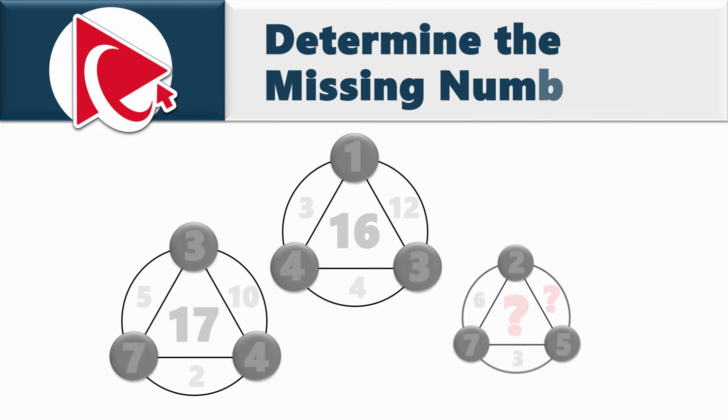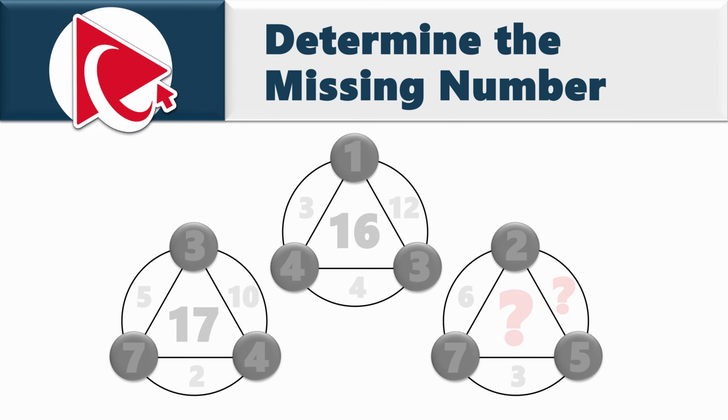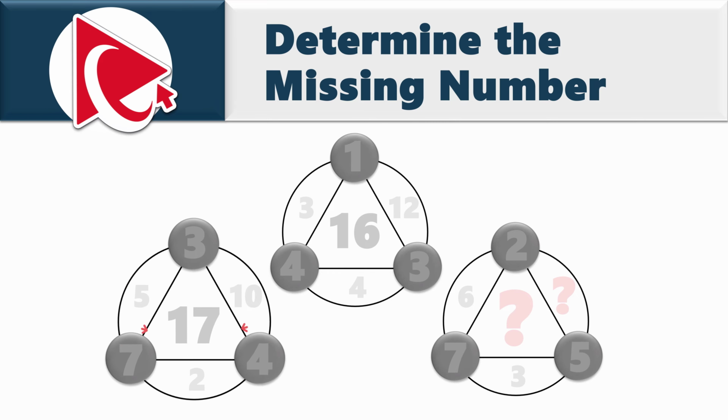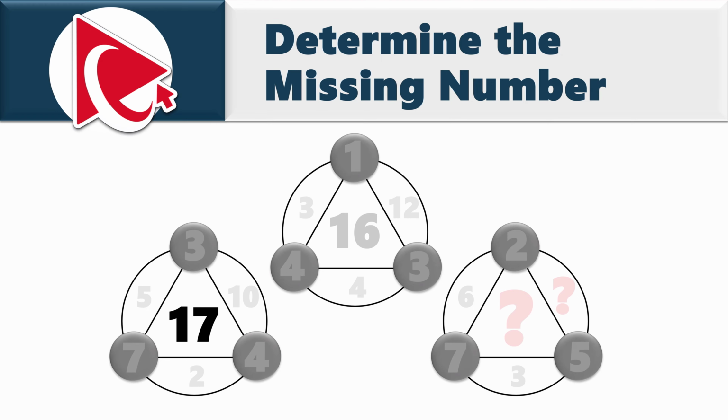You're presented with unusual looking shapes. Shapes have numbers inside. The middle number in the first shape is 17. Numbers in the small circle are 4, 7, and 3. And numbers inside the large circle are 10, 2, and 5. In the second shape, the middle number is 16. The numbers in the small circle are 3, 4, and 1.